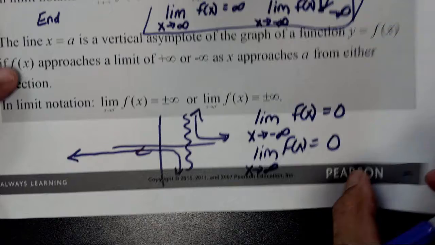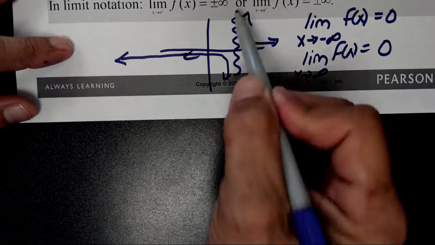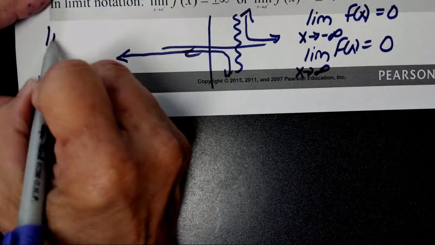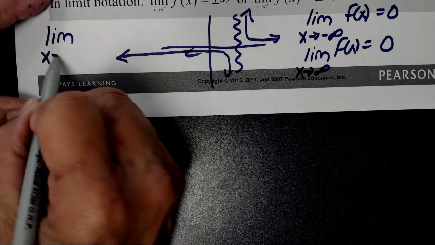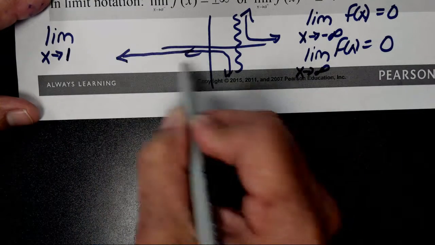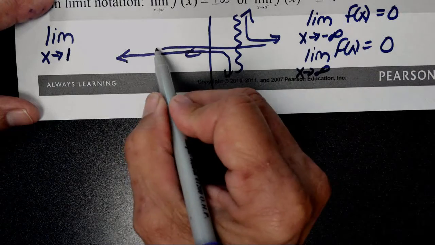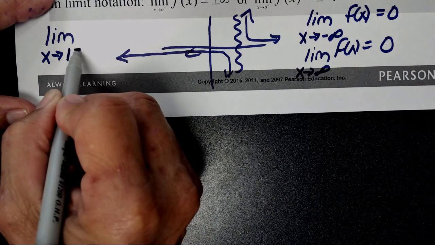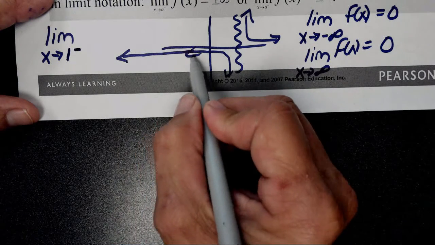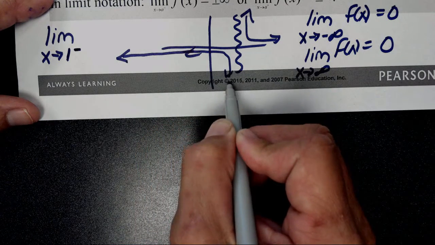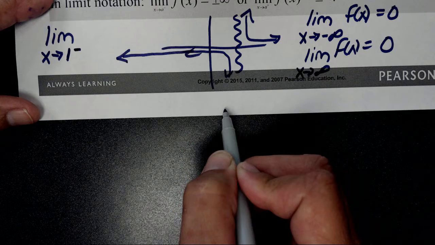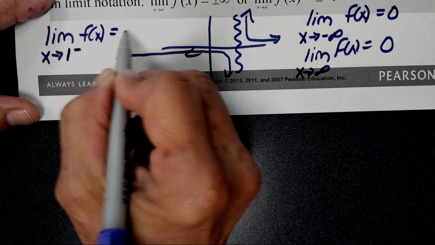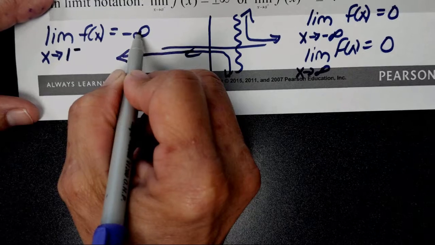Okay? But we also were going to talk about the behavior at this asymptote. So as I come into that asymptote, and let's just say it's at positive 1, so as I am coming to 1 from the left, so I'm going to put a little negative sign there. As I am approaching 1 from the left, this graph is doing what? Going down. So what am I going to put here? F of x equals negative infinity.